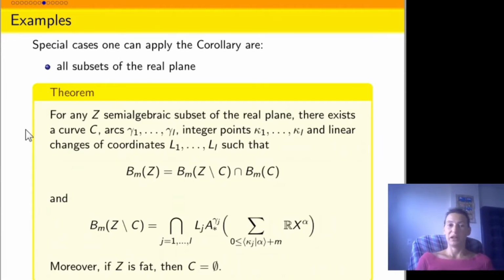If we take a semialgebraic subset Z of the real plane, there exists a curve C, arcs lambda 1 up to lambda L, integer points kappa 1 up to kappa L, and linear changes of coordinates. The curves and arcs are all semialgebraic, such that the degree m module on Z is equal to the degree m module on the complement of the curve in Z, intersected with the module on the curve.